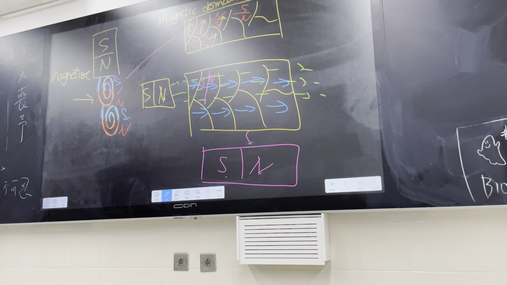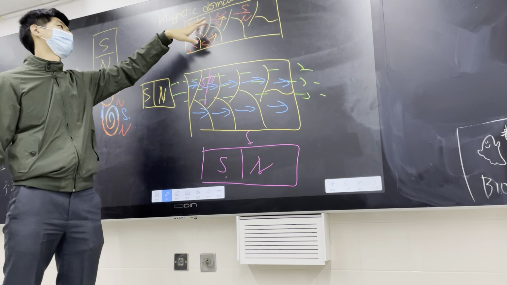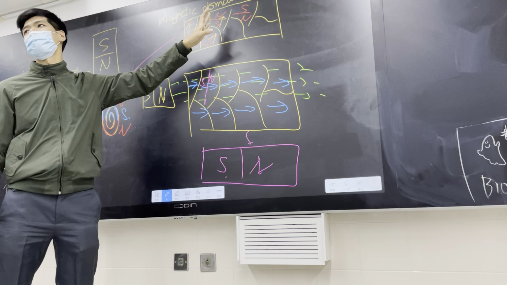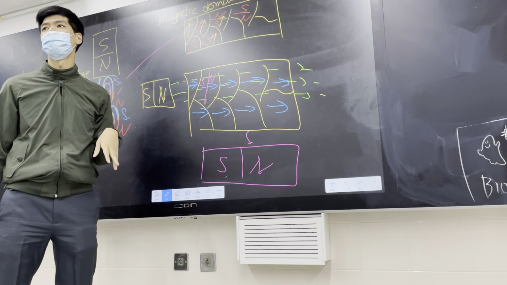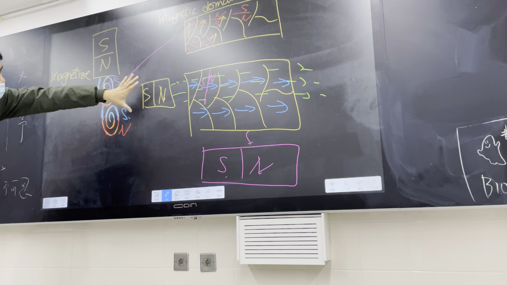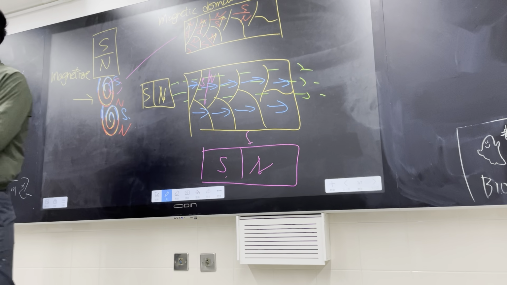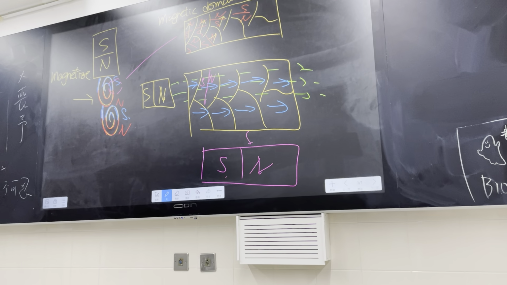When there is no magnetic field, those small magnets are in random directions, so they show no magnetic properties. They cancel each other. When you put a magnet next to it, those domains will align perfectly, so we can treat this as a magnet. This is the principle of magnetization.